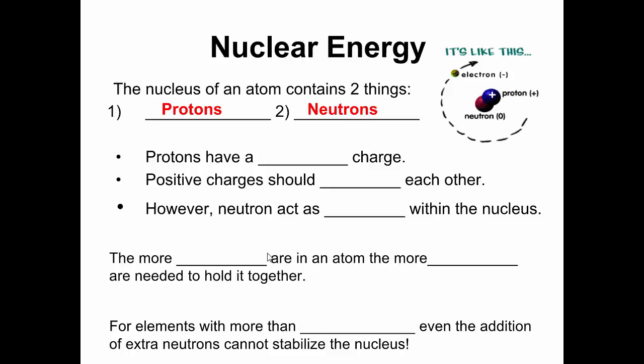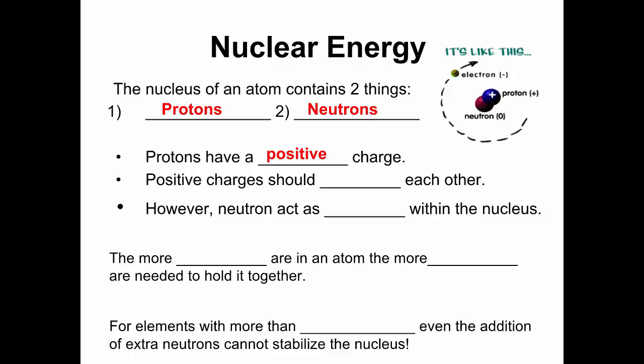Neutrons have no charge. So if we imagine the laws of electromagnetism, what do like poles of a magnet do? They repel each other, right? You get strong magnets, try to push them together, and they don't want to be pushed together. Electric forces, positive and negative forces, do the same.